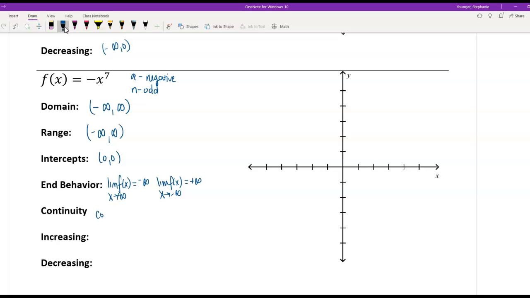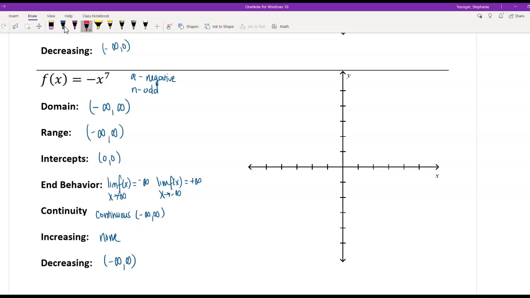It is continuous on the entire graph, negative infinity to infinity. It is increasing nowhere. And then it is decreasing everywhere from negative infinity to infinity.